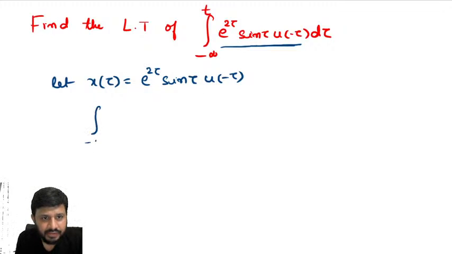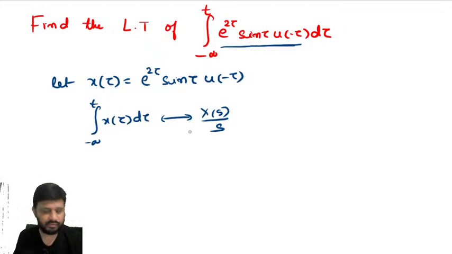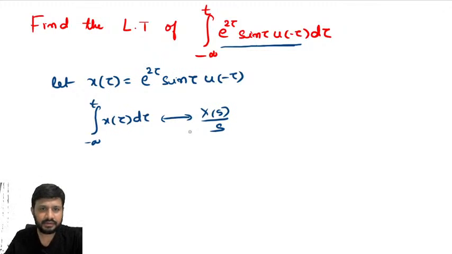Then integral minus infinity to t x of tau d tau forms a Laplace transform pair with x of s by s. How to find out the Laplace transform x of s?